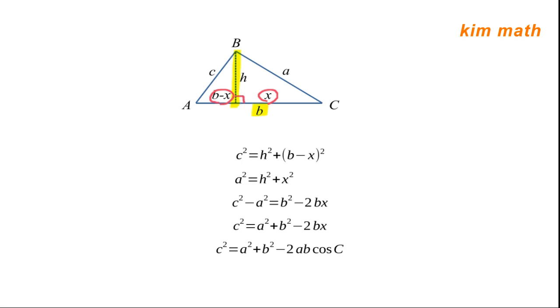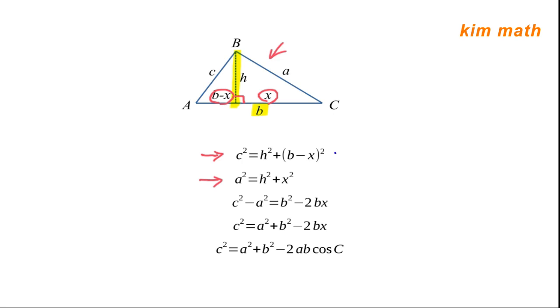In this triangle, we have two right triangles. So on your left side, if I use the Pythagorean theorem, c squared equals h squared plus (b minus x) squared. Is it correct? And the right triangle, this one, we can use a squared equals h squared plus x squared.